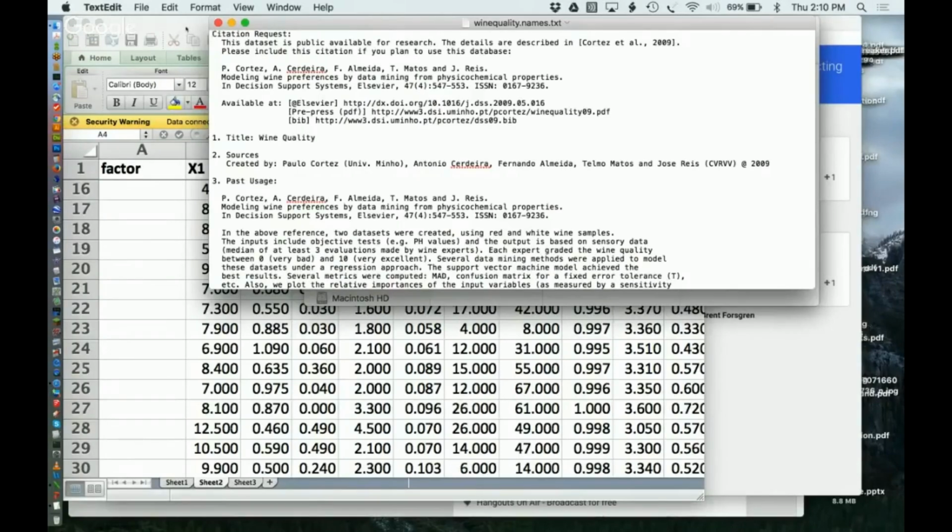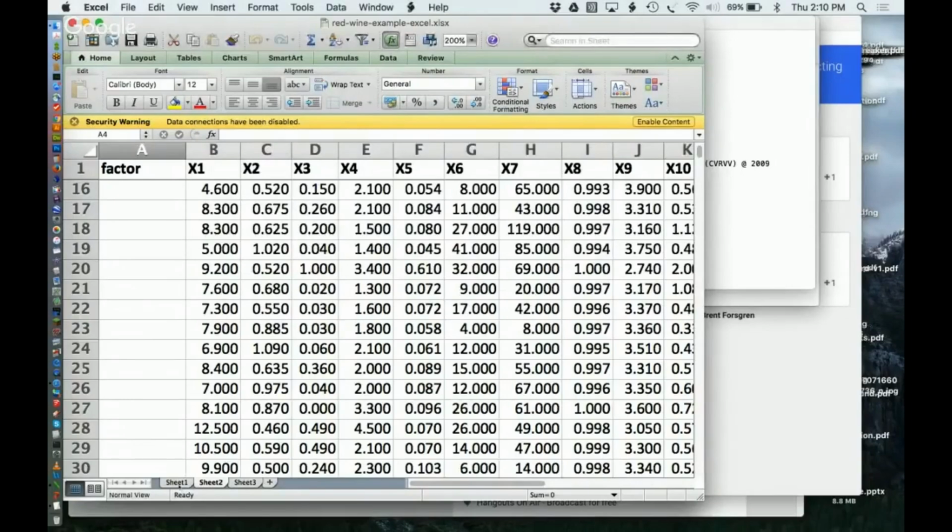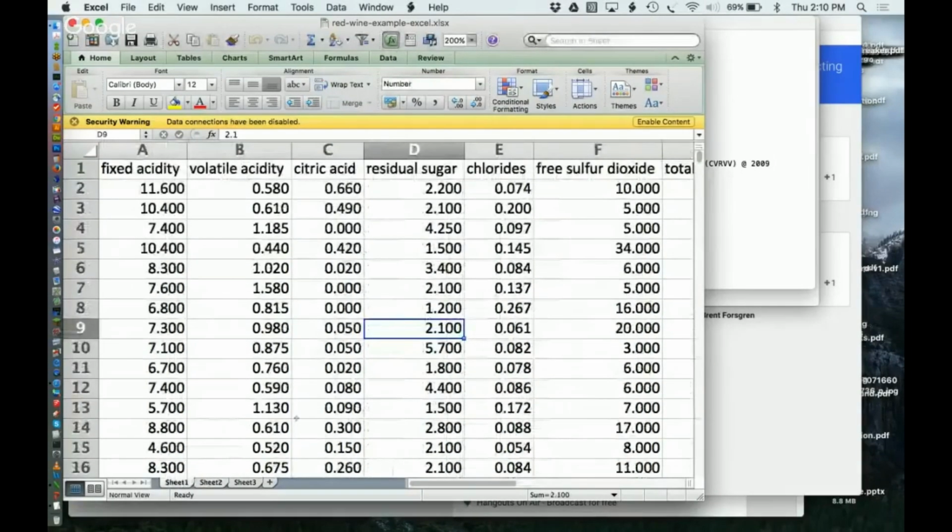Okay, let's talk about the data. Or more properly, what they were trying to do. So I'm making a little bit of this up, but it's consistent with what I've read so far. But they were looking for quantitative, sort of automated ways that they could evaluate the quality of wine.